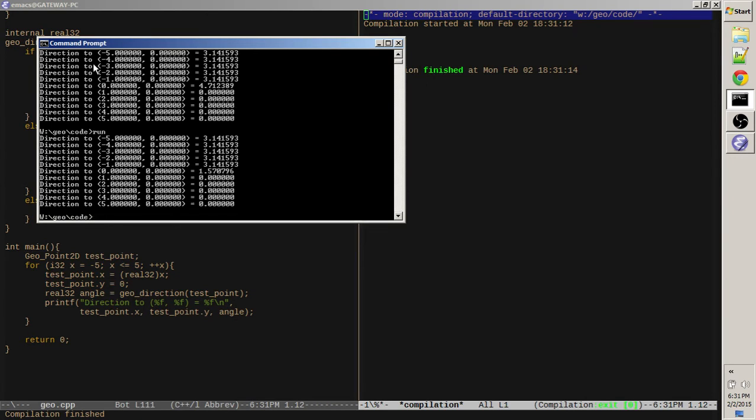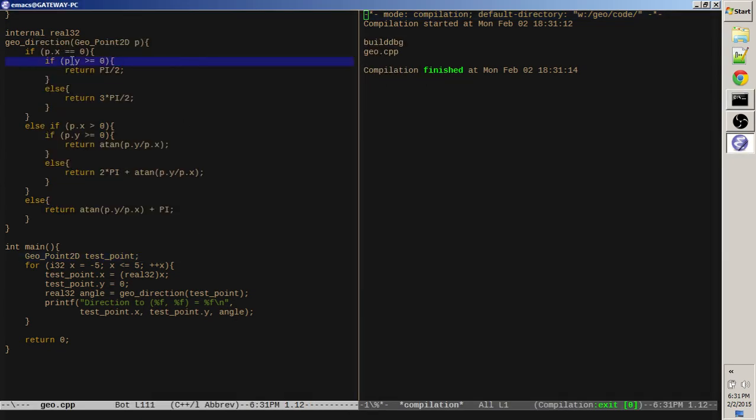Okay, cool. Let's take a quick look and see if we can think of a way to combine any of this now. Y is greater than or equal to 0.